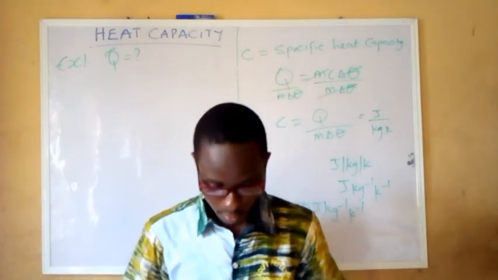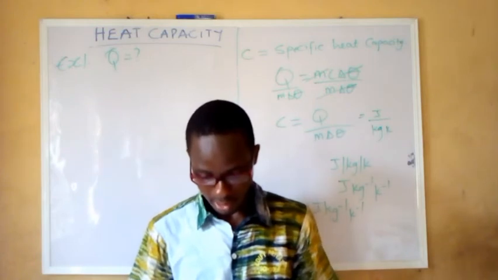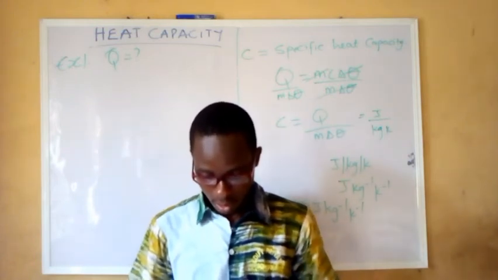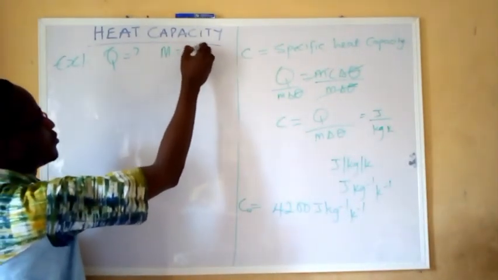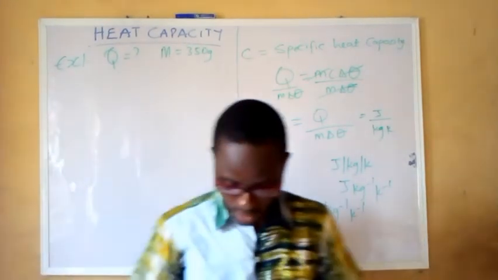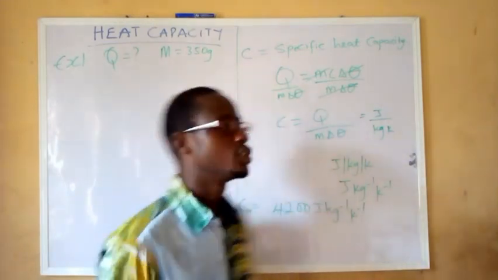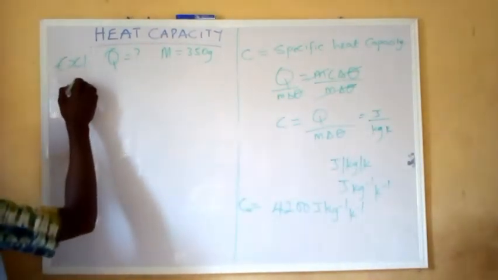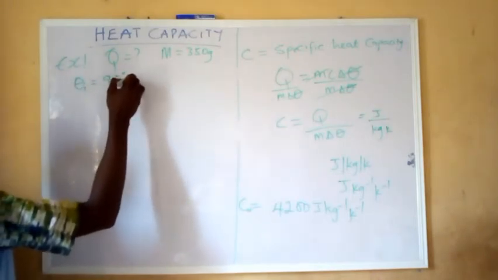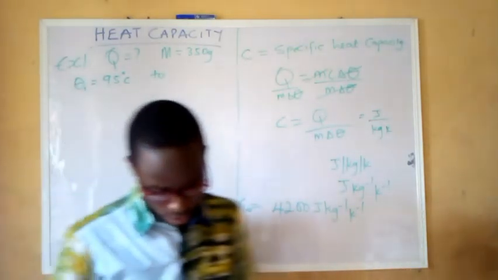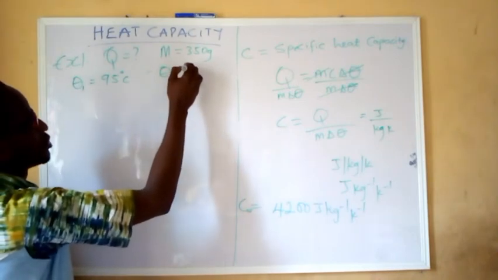What is the quantity of heat that will be given out if a bar of brass of mass 350 grams, so the mass involved is 350 grams, is cooled from 95 degrees Celsius, that is the initial temperature, to 20 degrees Celsius, that's the final temperature.